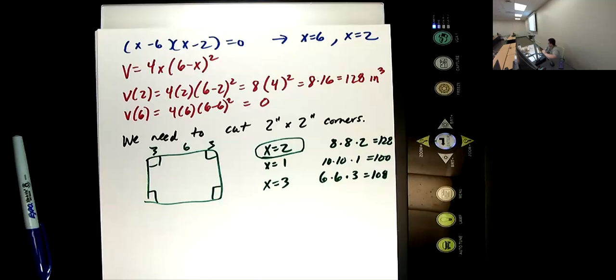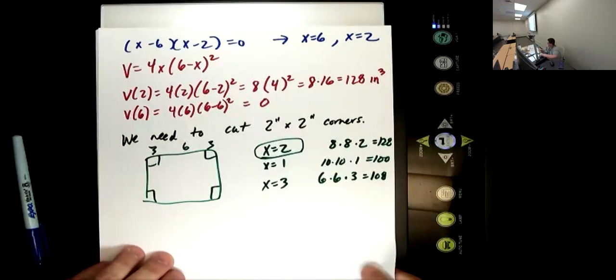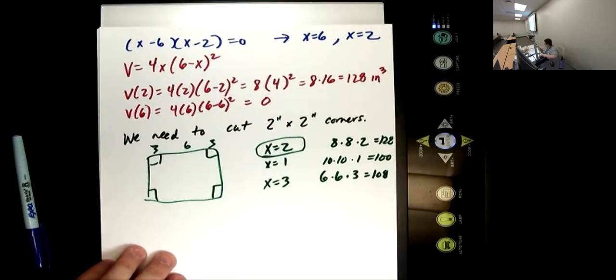When you're cutting, we could have had like 1.9, but for a quick check, does this seem realistic? That's a good way of checking. Because x equals 2 seems like small corners, doesn't it? It leaves 8 inches, but if we're trying to maximize the volume, that's what works. So I checked whether it seems realistic or feasible.